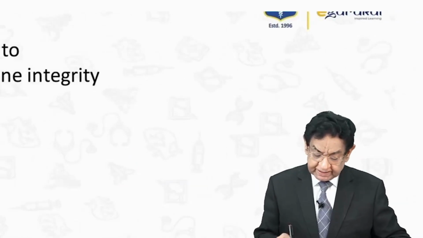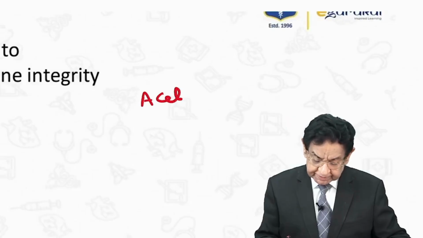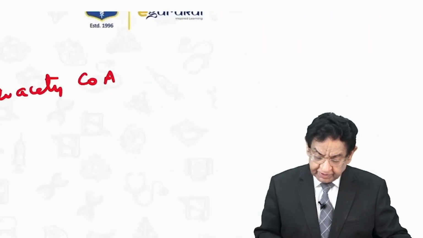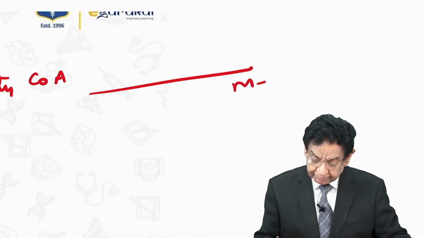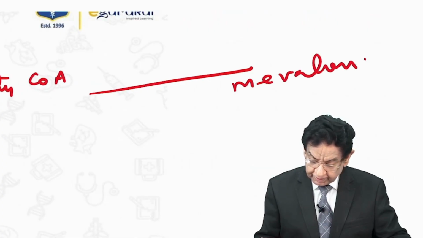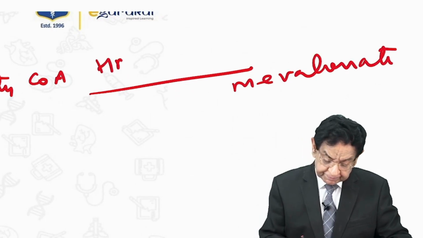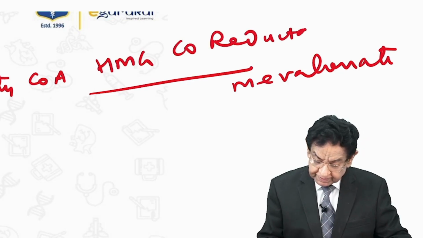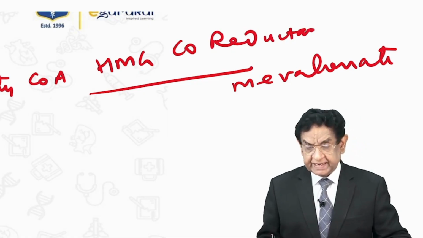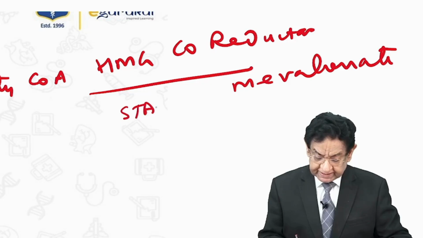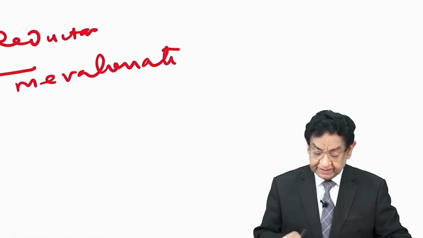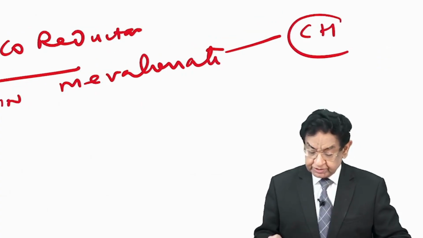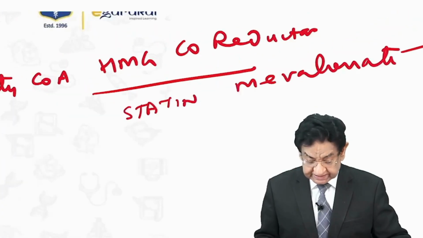And we also know that acetyl coenzyme A getting converted into mevalonate needs HMG coenzyme A reductase. We read it, and it is this step which is the rate limiting step. It is here that statins act. I'm just repeating for you. And this goes into cholesterol. Cholesterol is usually written as CH. So this is how cholesterol synthesis is occurring.